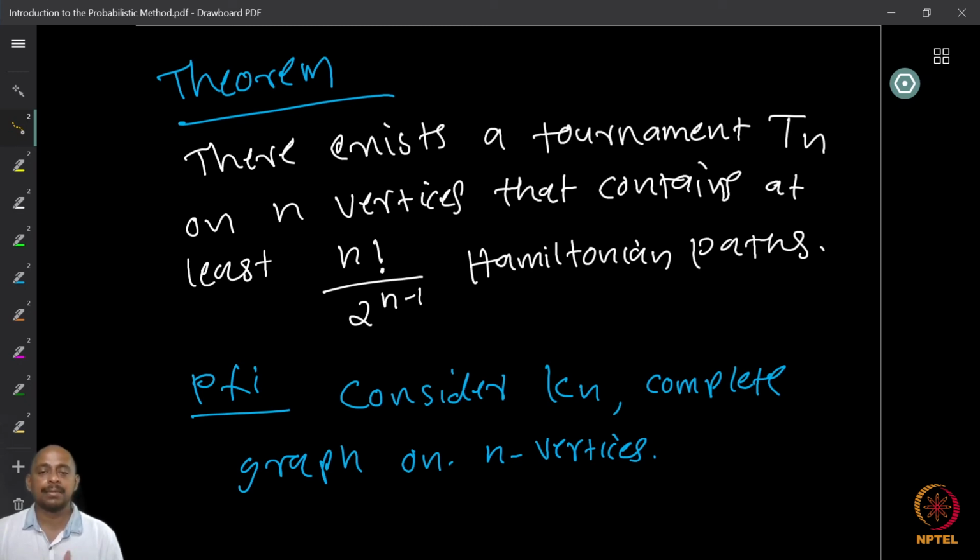So let us start with a complete graph. And now, to bring in probability, what I can do is give different directions to the edges to make it a tournament by tossing a coin. So every edge I orient by tossing a coin. Therefore, I get an oriented graph, which is a tournament. So this is one way you can bring probability into the picture.